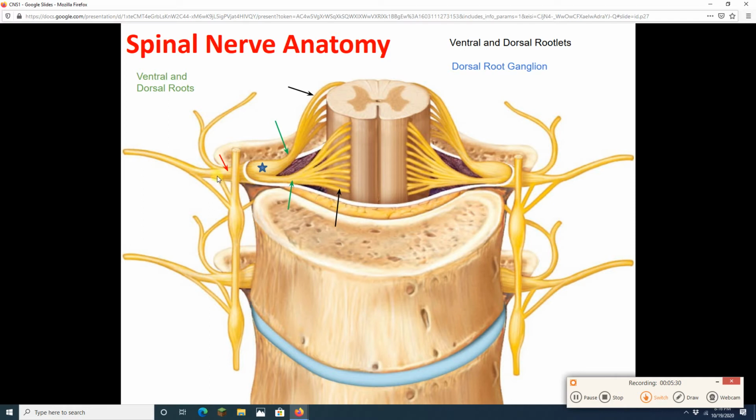So the spinal nerve is going to be mixed. It's a combo of the two. And so I have a spinal nerve coming out on this side and out on this side. And that is going to happen 31 times in the spinal cord. We're going to get 31 dorsal roots, 31 ventral roots, pairs, on each side, okay? And they're going to form the 31 pairs of spinal nerves.